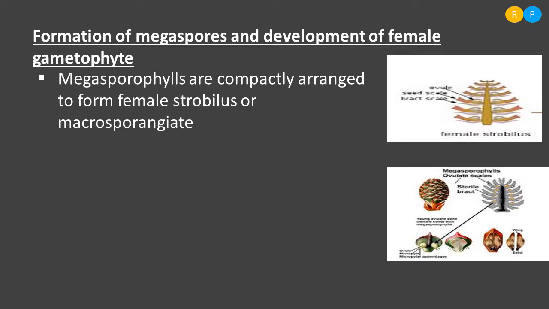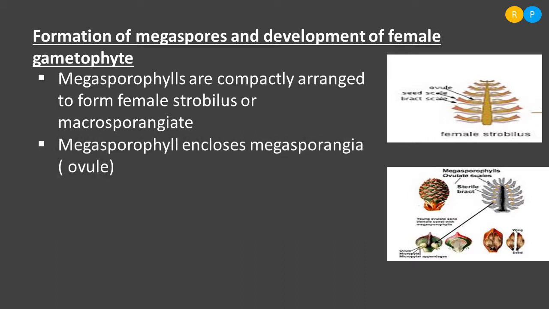So the actual spores in the female cone are formed within a protective structure called megasporangia. So the megasporophyll encloses a structure named megasporangia, so that at each base of the megasporophyll we can clearly identify the presence of megasporangia. Another name for megasporangia is ovule. It is also called what?